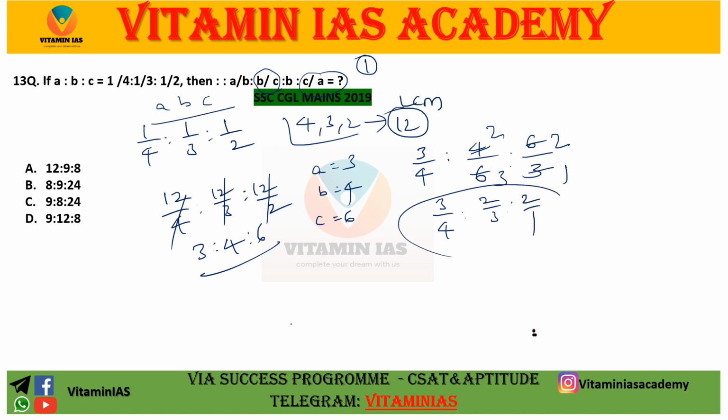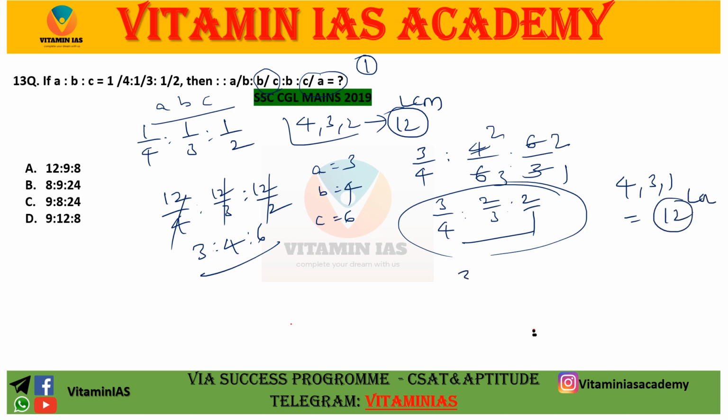But here this is not a proper ratio. We have to make them a ratio, means again we have to take the LCM here. 4, 3, 1. What is the LCM here? Again 12 will be the LCM.